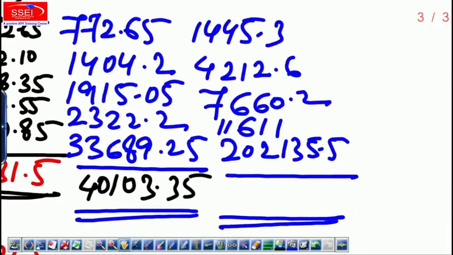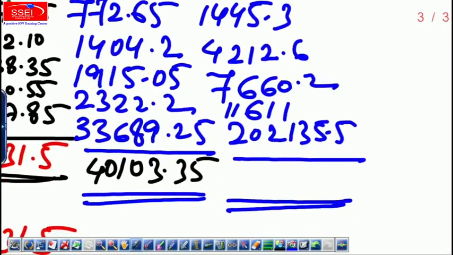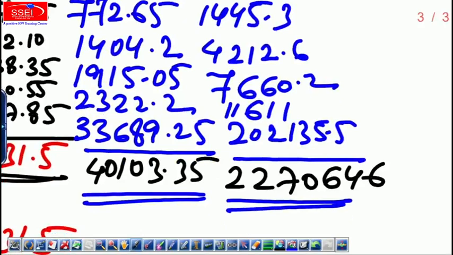Last column: 1445.3 plus 4212.6 plus 7660.2 plus 11611 plus 202135.5. So this is coming to 22,70646. I hope I am not doing any calculation mistakes.